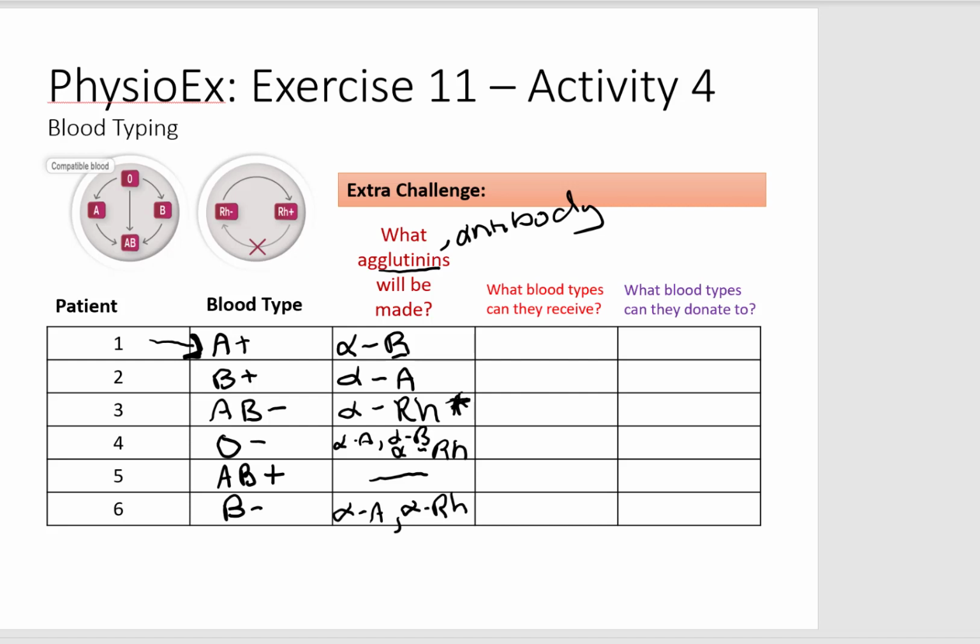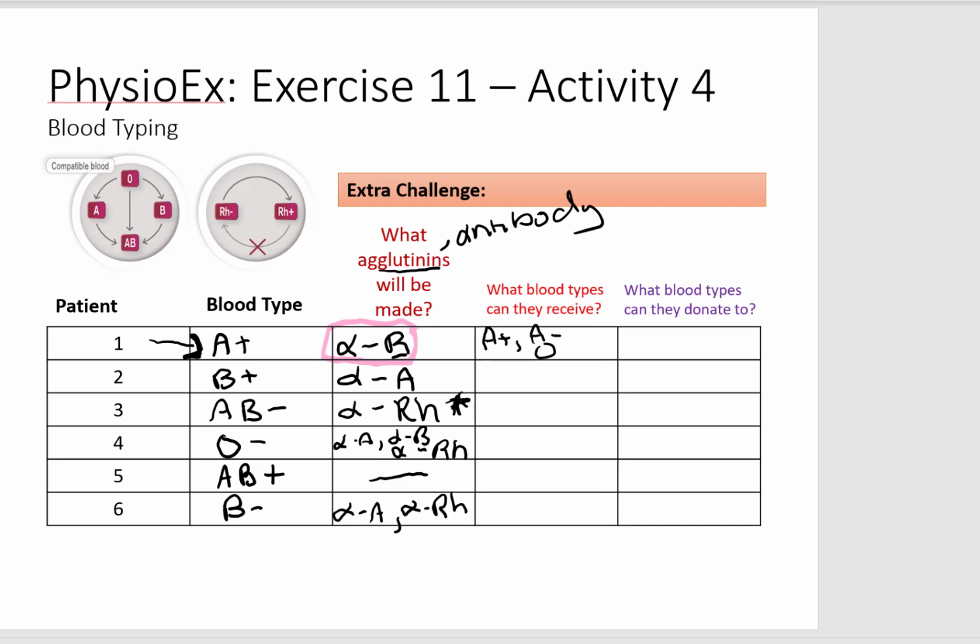Because they make anti-B antibody, you better not give them any blood product that has a B antigen. So anything else would be safe, right? We can give them A positive. We can give them A negative.